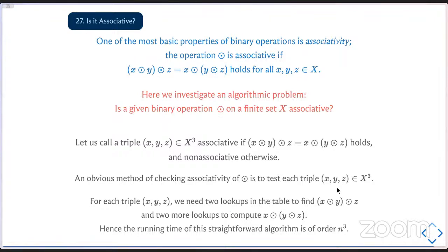Instead of checking every triplet, what would you check? And let's say you're aiming for an n squared running time. So you can probe n squared things. And again, assume that table lookups and equality tests are free.